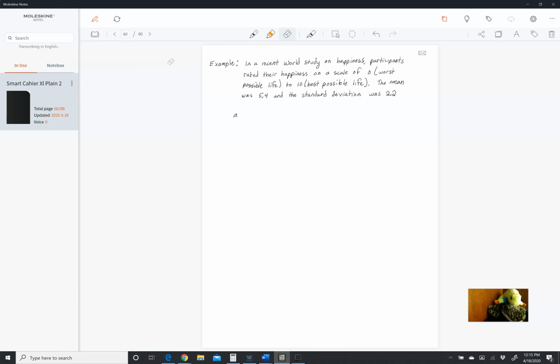Let's say we want to know the probability that x was less than 4. So once again, notice every time the steps are the same, we find the z-score. So it's 4 minus the mean, which is 5.4, over standard deviation, which is 2.2.